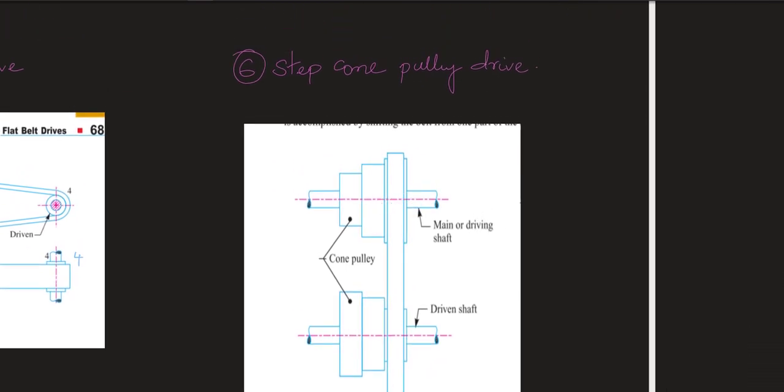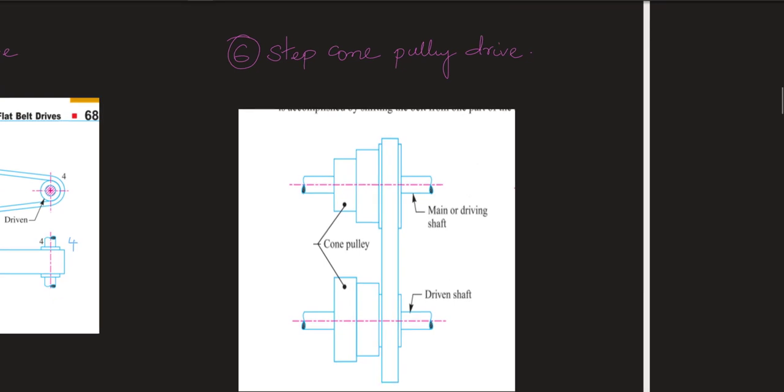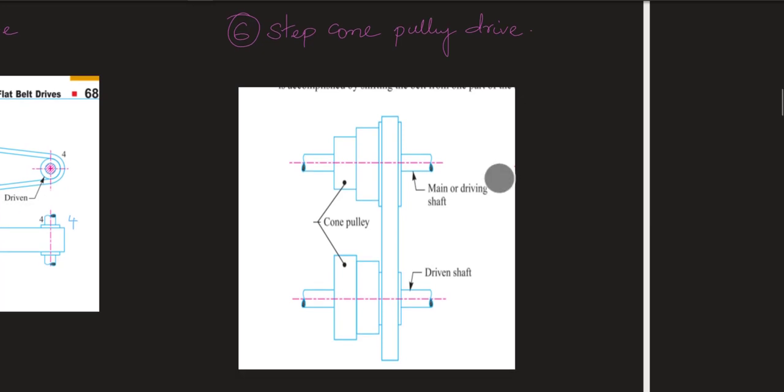The next example is a step cone pulley. In the case of a step cone pulley, we can achieve multiple speed ratios or velocity ratios. Here you can see this belt is kept in one position.